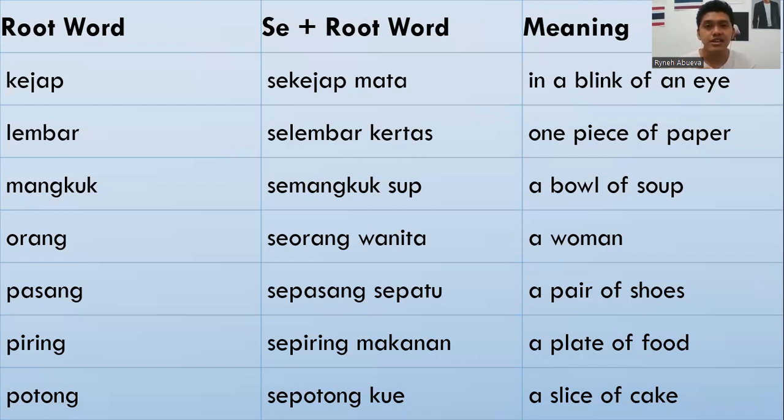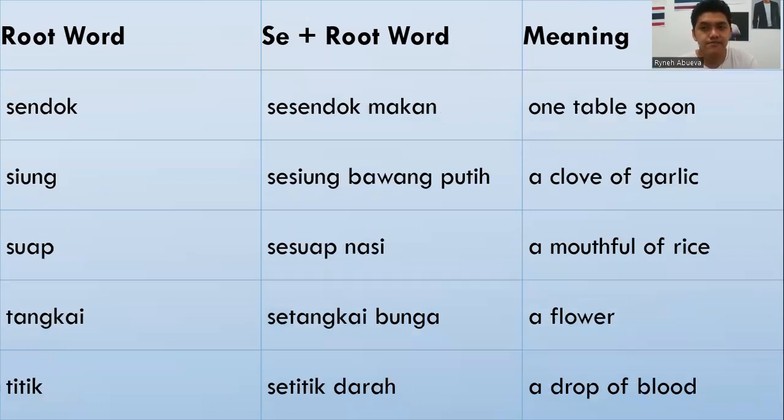The kue is just an additional noun indicating what the word sepotong refers to, meaning slice of cake. Sendok. Sendok means a spoon. So, sesendok makan, meaning a tablespoon.